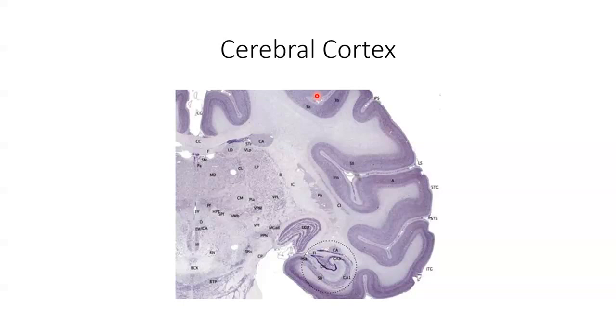Now, within the cerebral cortex, the folds, or the grooves, I guess, which protrude out from the cortex, so these bits here, or here, or here that stick out, are known as the gyri, or if you're talking about the singular, it's the gyrus. The shallow folds inwards, so let's say this one here, are called the sulci, or the singular is a sulcus.